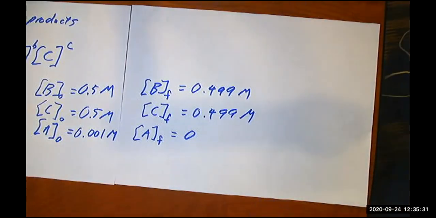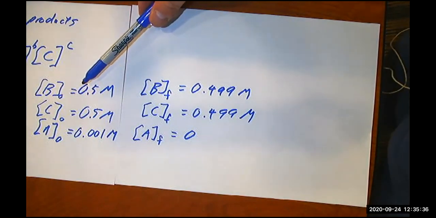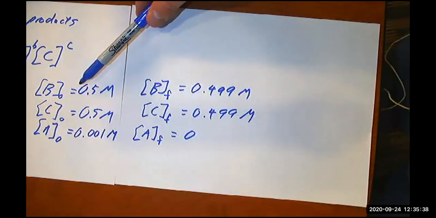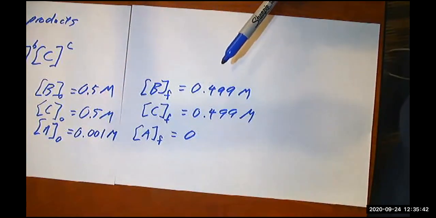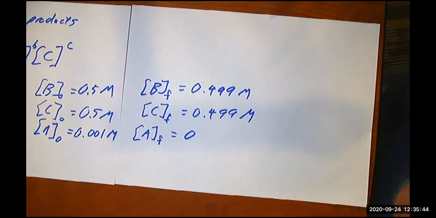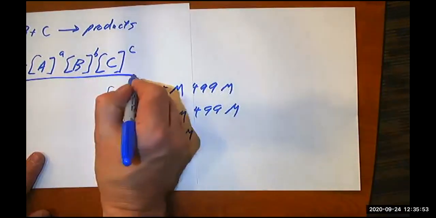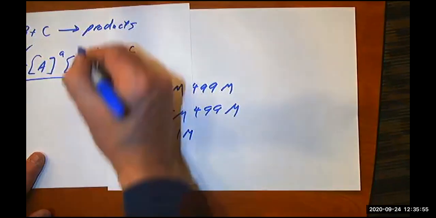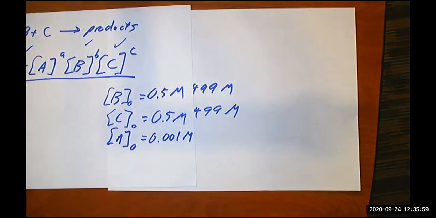So what we have done is we have flooded the system with B and C. And as a result of that, their concentrations are effectively constant over the entire course of the reaction. What we can therefore do is look at this expression here and say, this is a constant, this is a constant, this is a constant under these conditions.